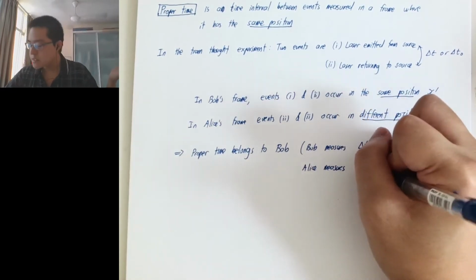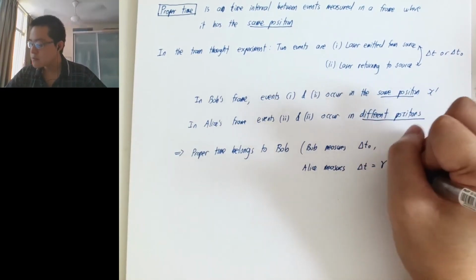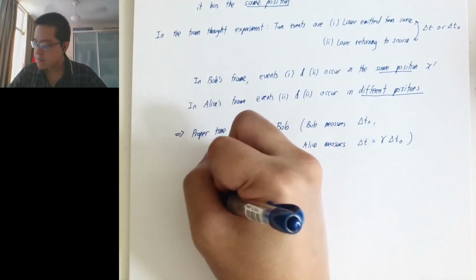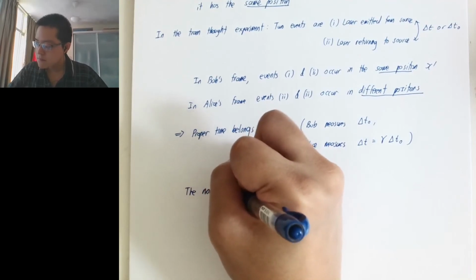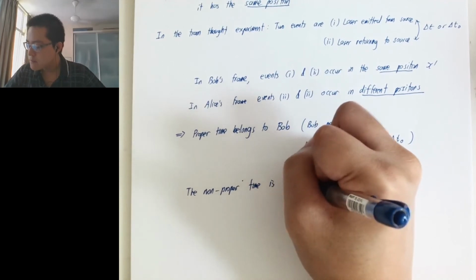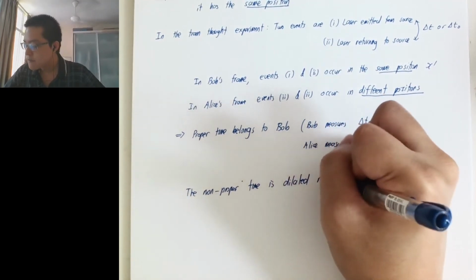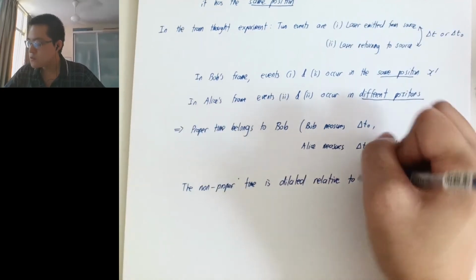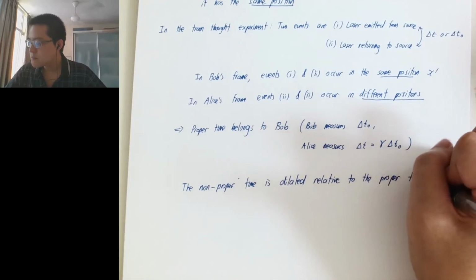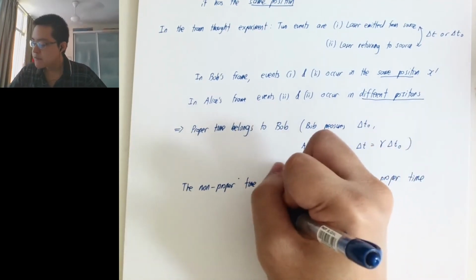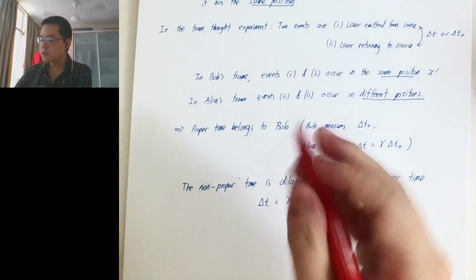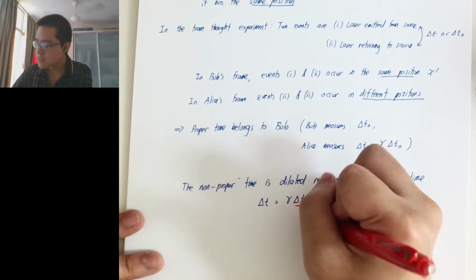The non-proper time is going to be the dilated one, dilated relative to the proper time. That's why we got this formula, gamma t0. So you always need to identify who gets the proper time.